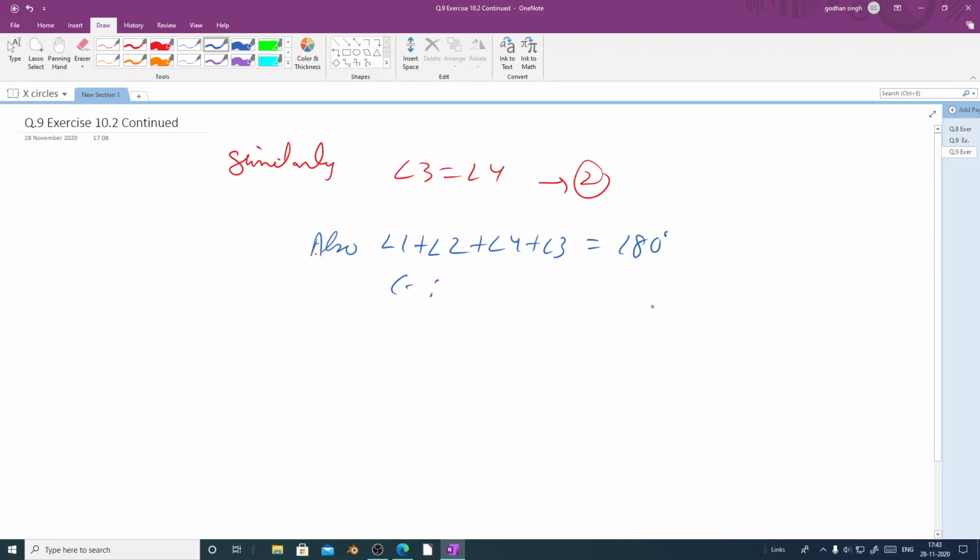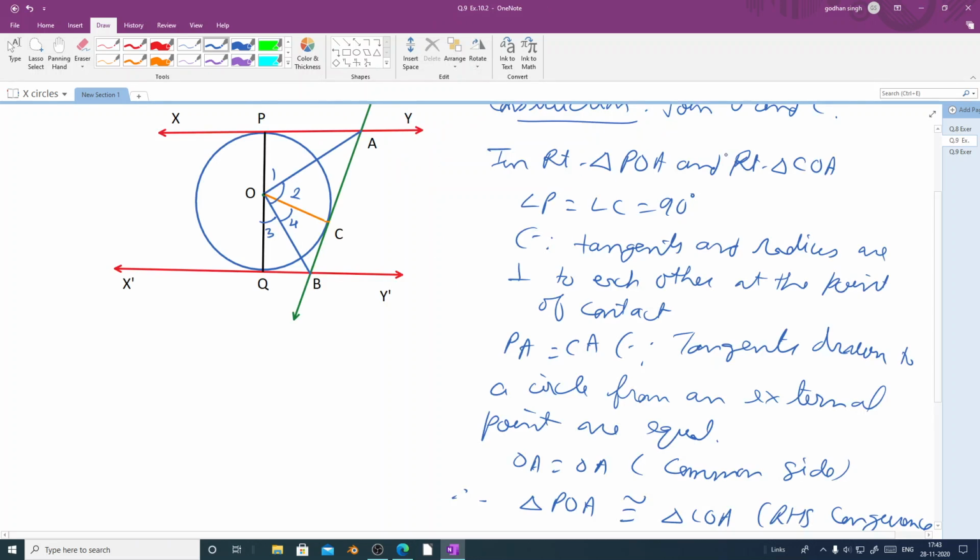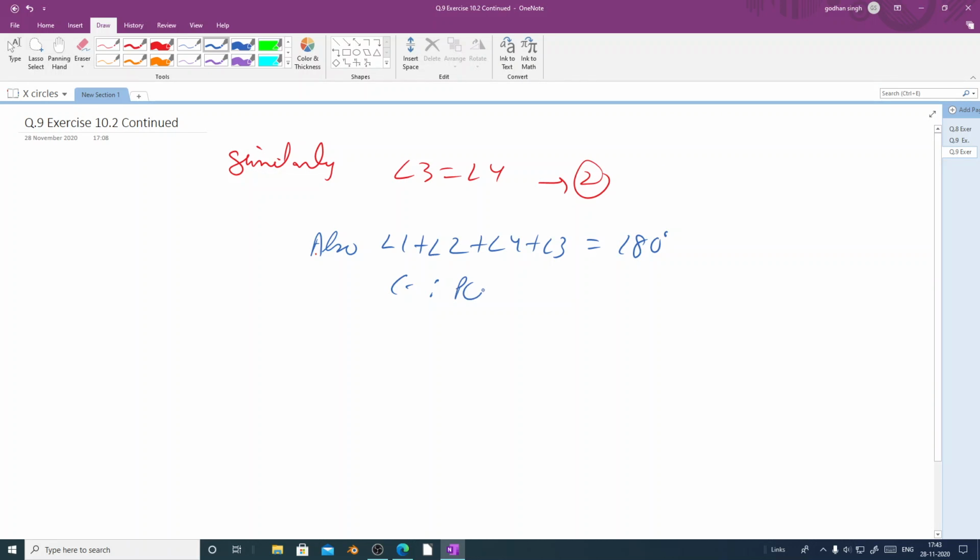Why? Because if you see the figure, you will know the reason: PQ is a straight line. PQ is the diameter of the circle.